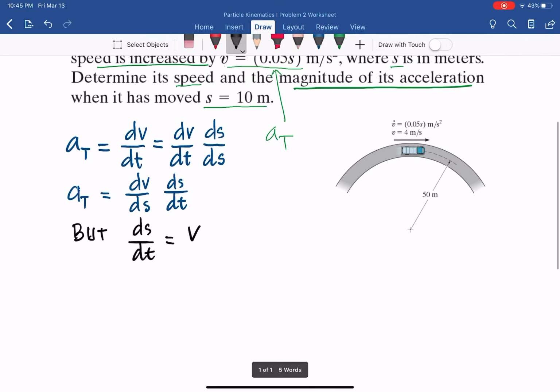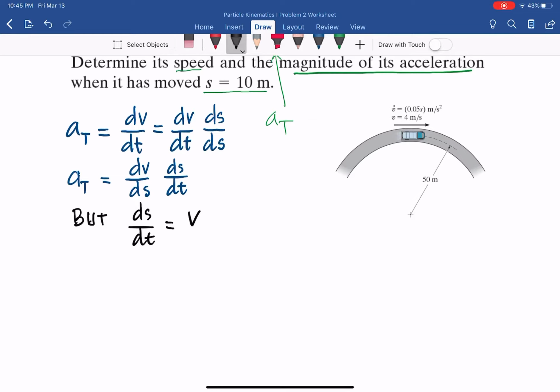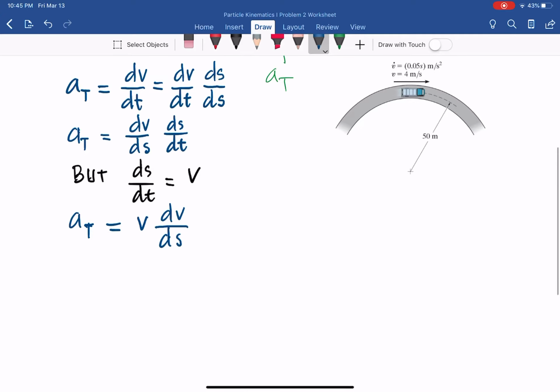If I plug that into that equation, I have again a_t, the tangential component, equal to ds over dt, v, and dv over ds. And then we can multiply both sides of this equation by ds, so I can have a_t ds equal to v dv.